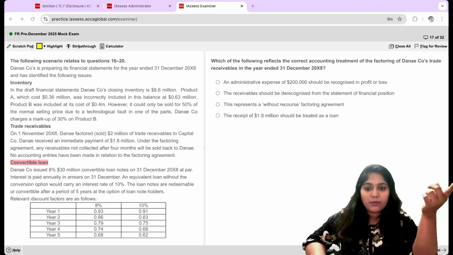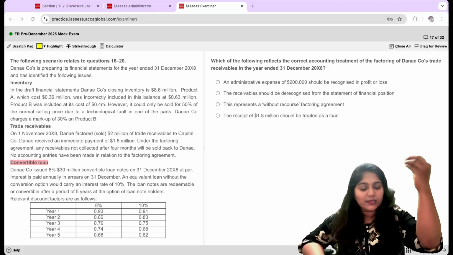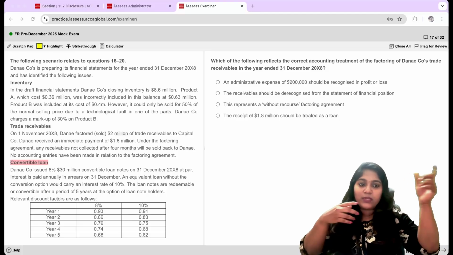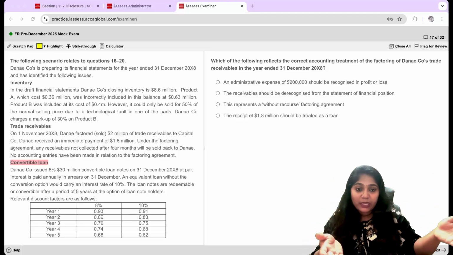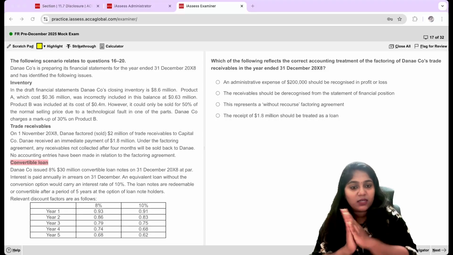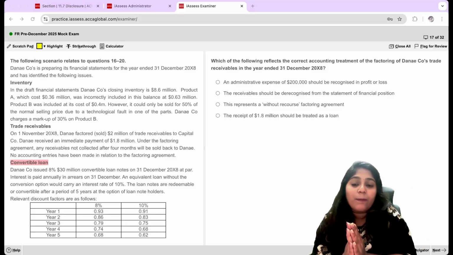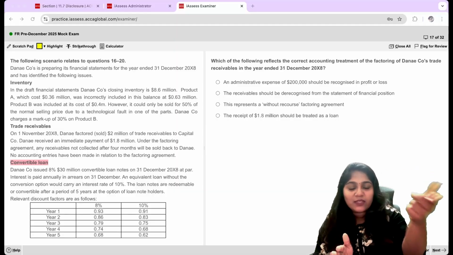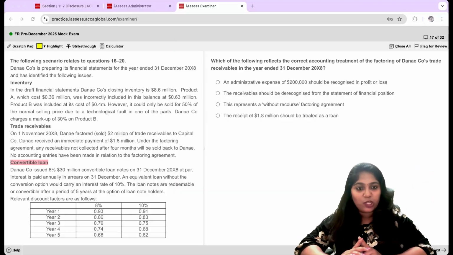If the other party bears the risk, I treat it as a sale, because the risk is transferred. A receivable is an asset; if you're selling it for the complete amount and you don't have any risk in the future, then it is my sale. I can consider my receivable as gone. But if I am going to bear the risk in the future, then it is not a sale. I rather pledged my receivables to take money. It's treated as my loan.